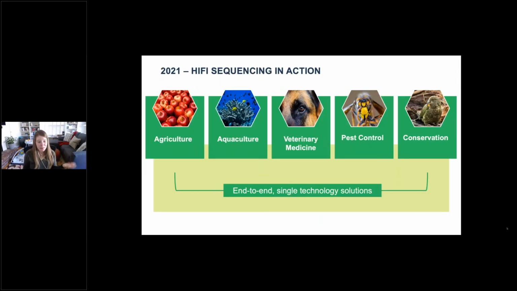And so really what that means is we have full end-to-end single technology solutions that help us tackle some of the big questions out there in biology, whether it's trying to breed drought-resistant crops in order to better secure our food source for the future, or protecting coral reefs from climate change and bleaching, to tackling diseases in our furry friends that might be used for translational research later, or protecting us from things like murder hornets, which are threatening to take out our honeybee population, or giving a little helping hand to some of the world's endangered species.